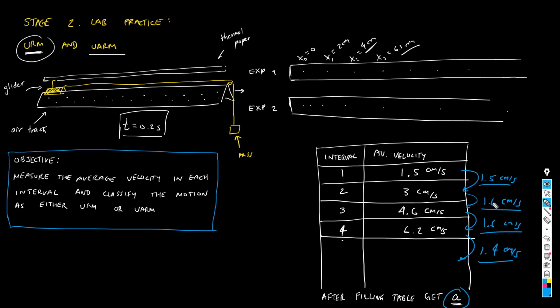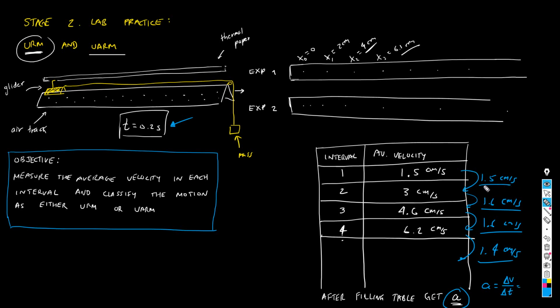In how much time does this happen? Like the velocity changes from here to here in how much time? In this time, right? In 0.2 seconds. So once you get this done, you're going to fill the table and you're going to get the acceleration. What is acceleration? Remember, it is the change of velocity divided by the change in time.